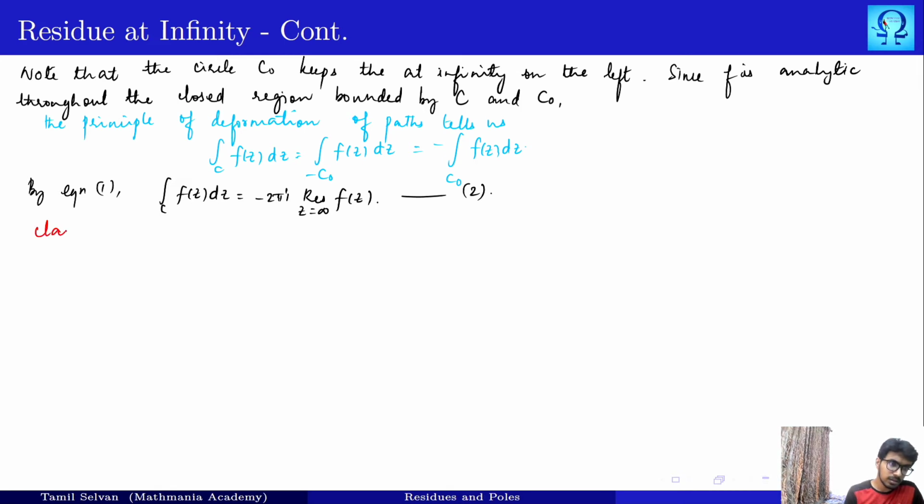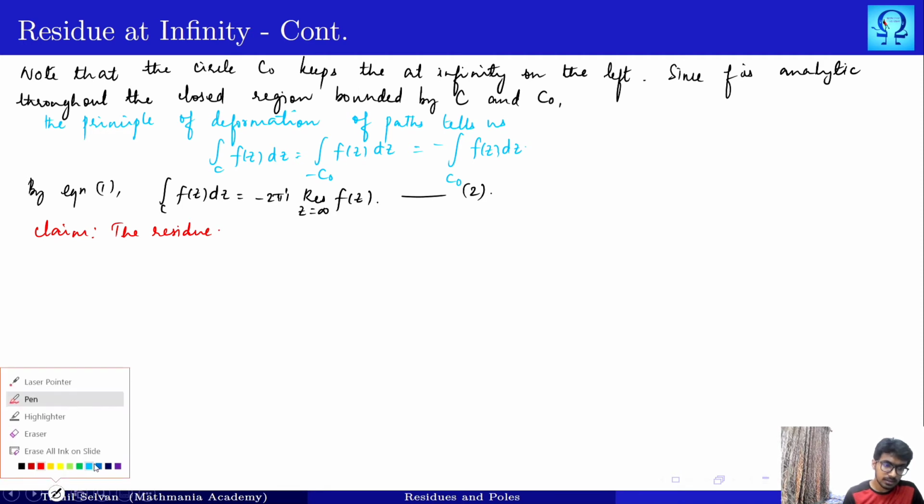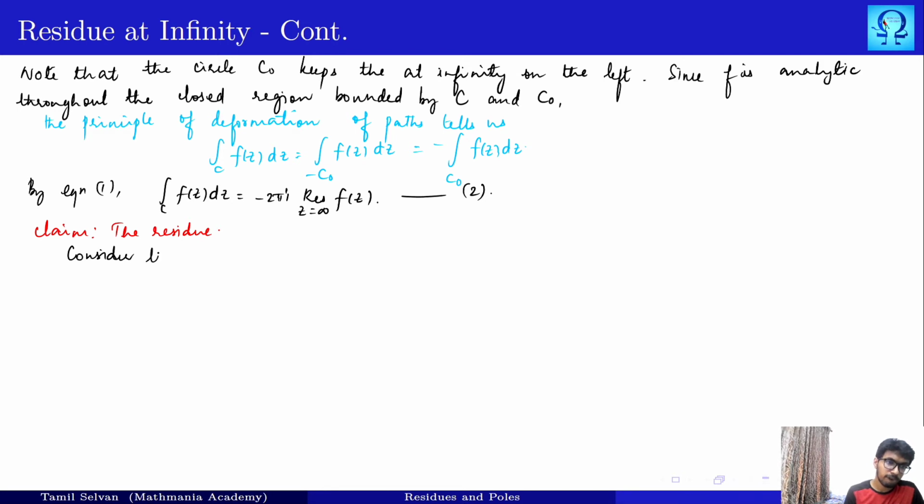Now the claim is to find the residue. How to achieve it? We consider the Laurent series. f of z equals summation n runs from minus infinity to infinity Cn z to the power n, where r1 smaller than absolute of z smaller than infinity.